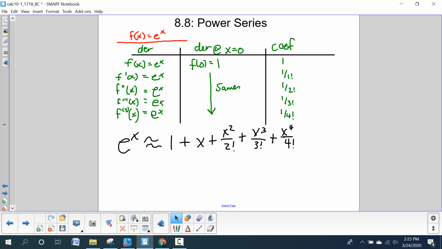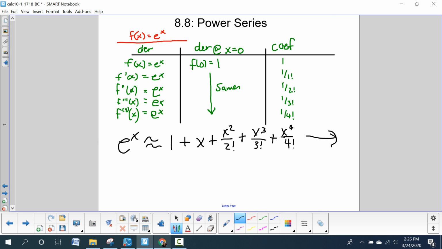If you're centered at 0, e to the 0 is 1, so the derivative at 0 was always 1, and then I would just divide it by n factorial. And so an approximation for e to the x becomes this. Now we know that if we continued to go out further, we'd get an even better Taylor approximation for the e to the x curve.